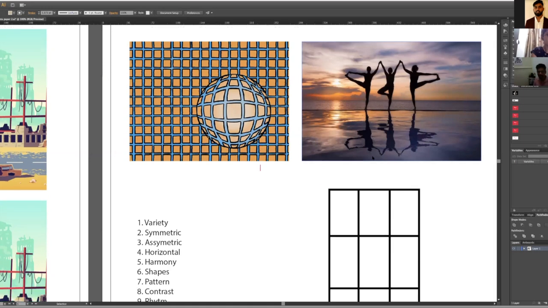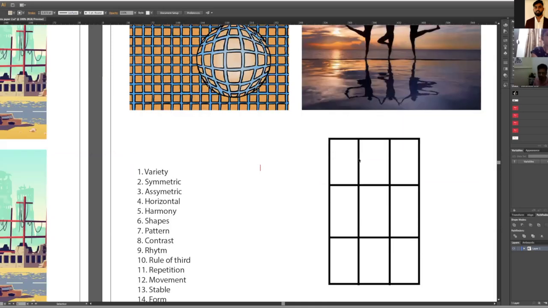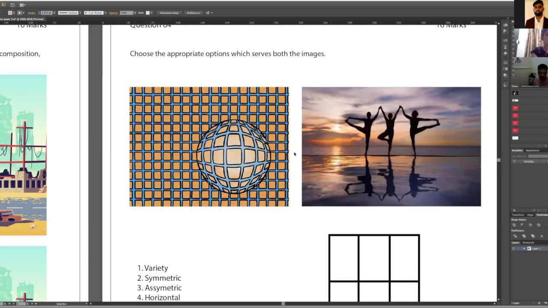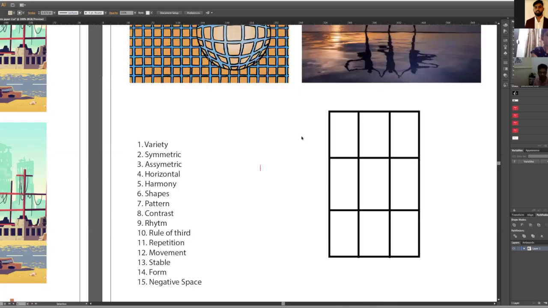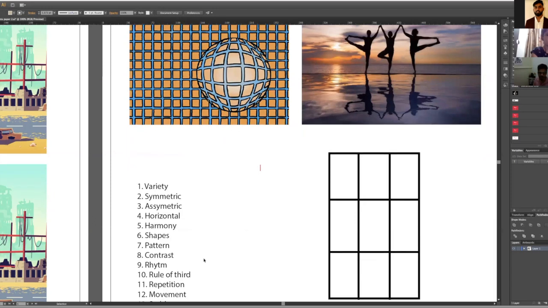That's why rhythm is not the right answer here, because harmony is there. So guys, you have to be very careful about the words and the context NATA will ask. Now, rule of thirds: we have it on your left side, but we don't have it on the right side. Then repetition: we have it on the left side, but on the right side we don't. Movement, do you see any movement?